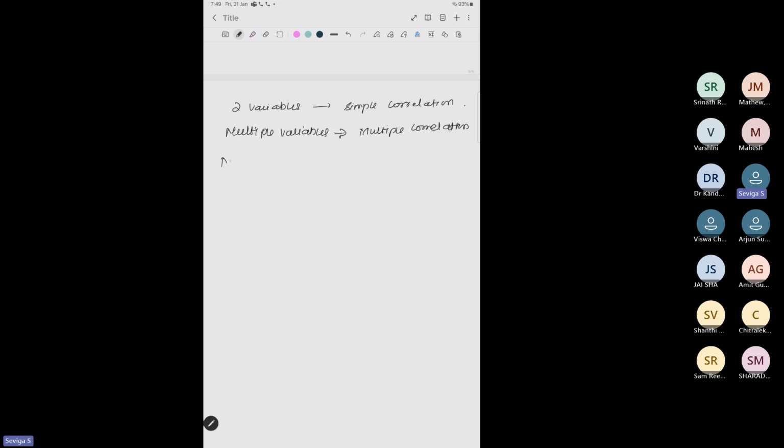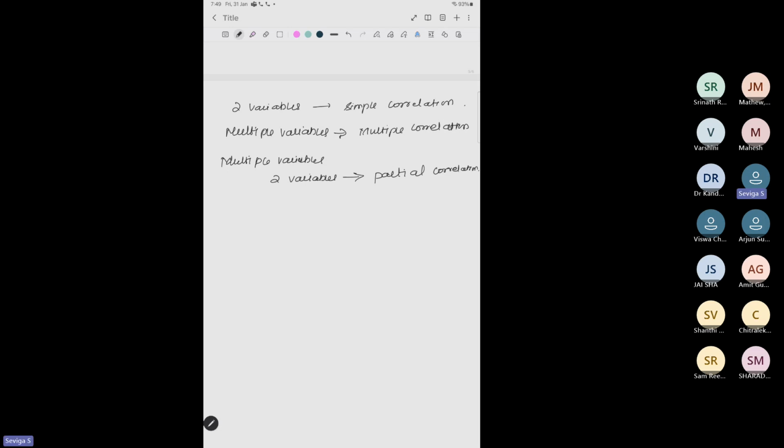Suppose you have a range of multiple variables, but you are interested only in looking at the relationship of two variables, then you call this partial correlation.